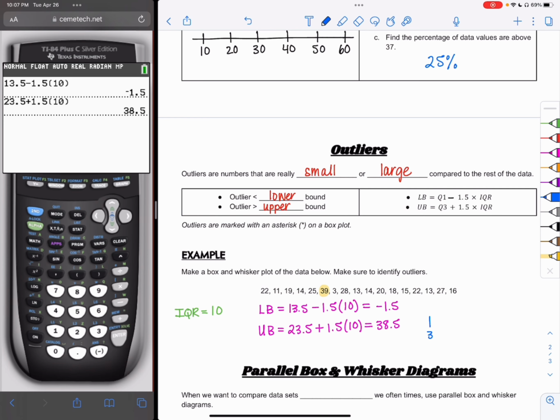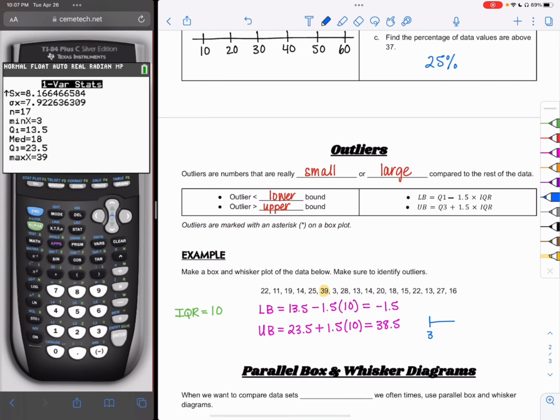We know that our quartile 1, and I'm going to go back and run the statistics again, we know that our quartile 1 was at 13.5. So I can label this as 13.5 here. And then we know that our median is 18. So I'm going to put my median right here. So that's going to be 18.